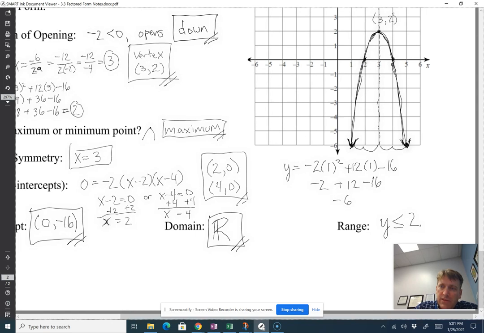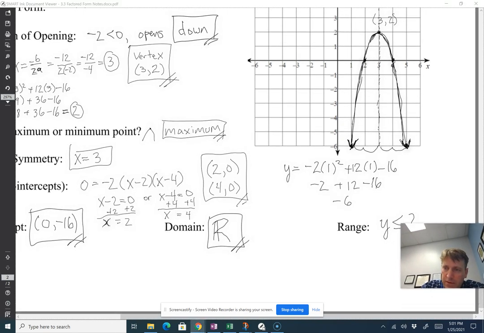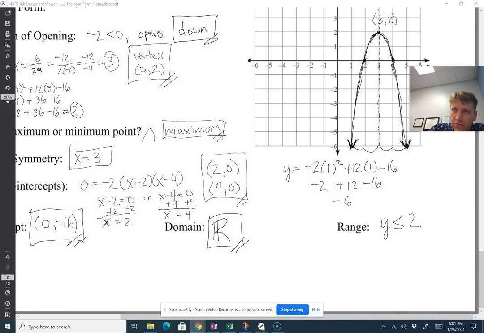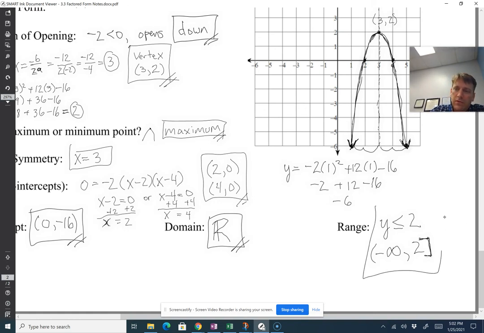And in interval notation, that comes out to be from -infinity, which is the lowest value, it just goes all the way down, comes up to 2 and includes 2, so we're using a bracket instead of a parenthesis. And then we can put a box around that to show our answers.